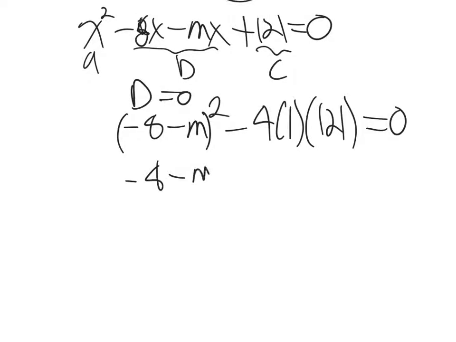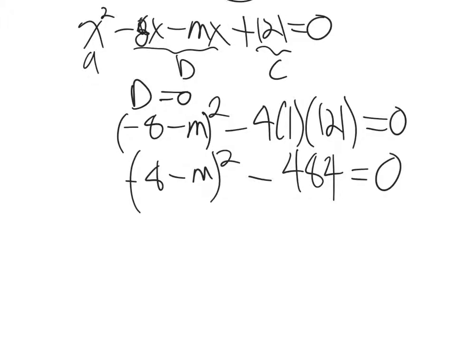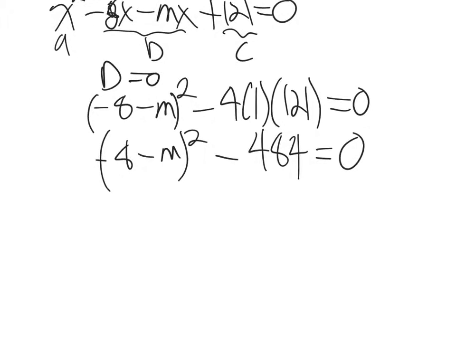Negative 8 minus m, quantity squared, minus 4 times 121. Well, 4 times 100 is 400. 4 times 20 is 80. So that's 484 because I had to add the extra 4 ones. And that equals 0. To solve that equation, I add 484 to both sides.